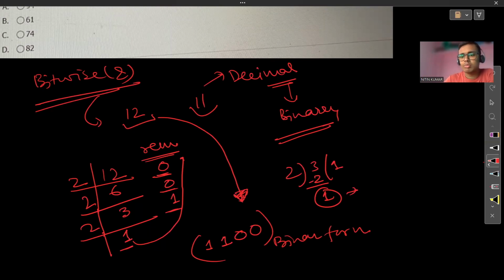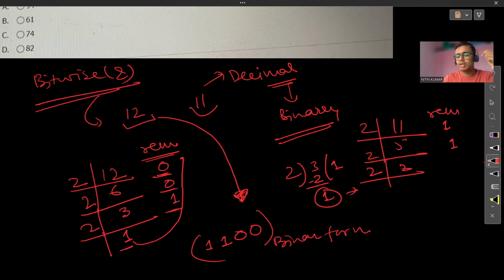Now let's take another number, 13. Dividing by 2, sorry, let me write the remainder here also: the remainder is 1 and the quotient is 6. Hmm, working it through as shown: dividing 5 by 2 gives remainder 1 and quotient 2. Dividing 2 by 2 gives remainder 0 and quotient 1. When the quotient is 1, we stop.